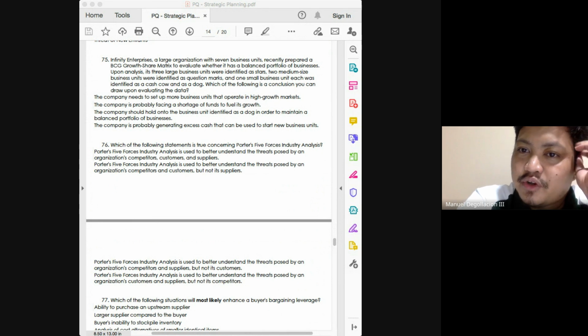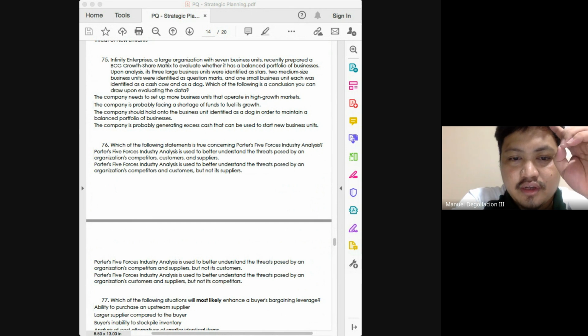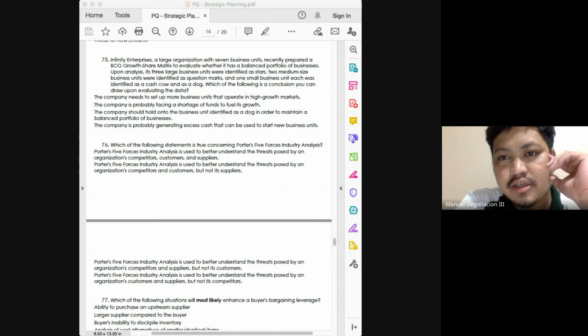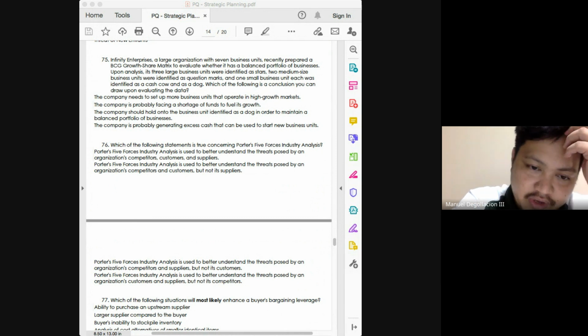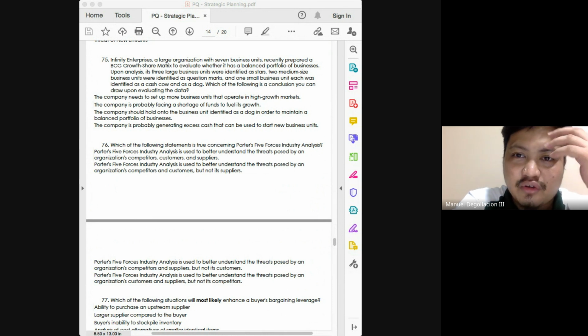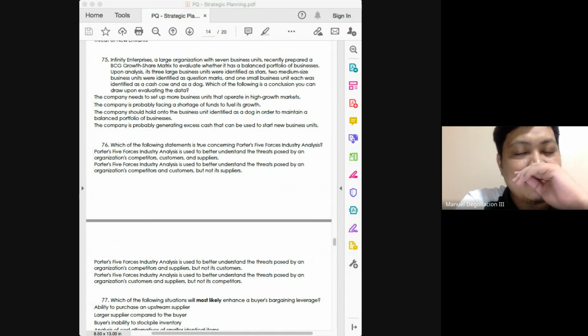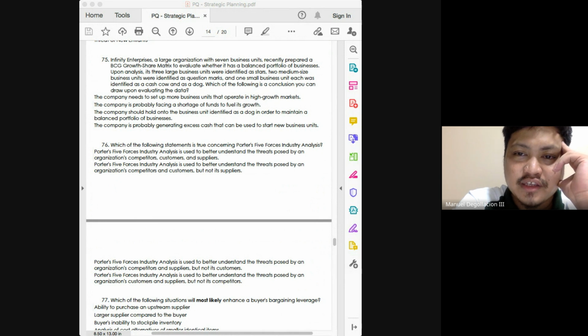Again, the four classifications are your stars, your question marks, your cash cows, and your dogs. It's good to have a cash cow and a star. The good thing with a cash cow is that you already have a big market share, so there is no more need to make significant investment.